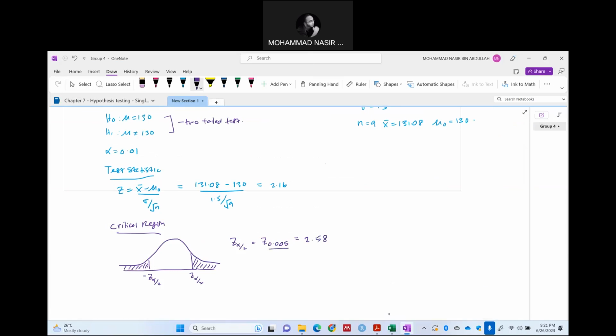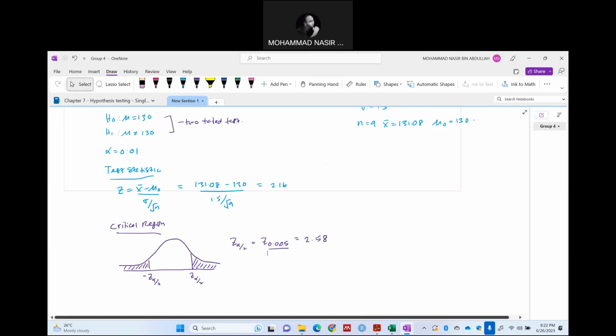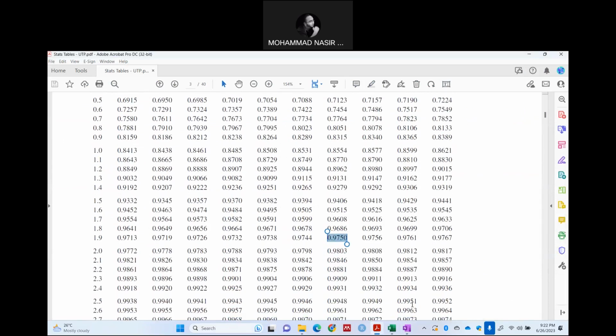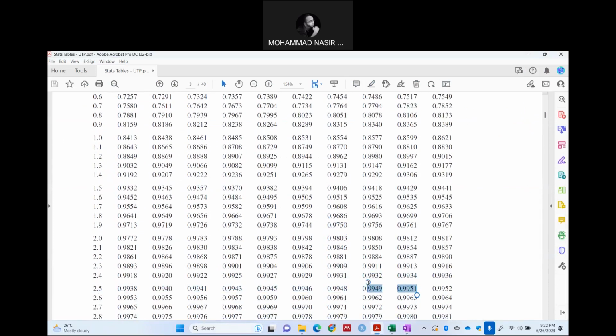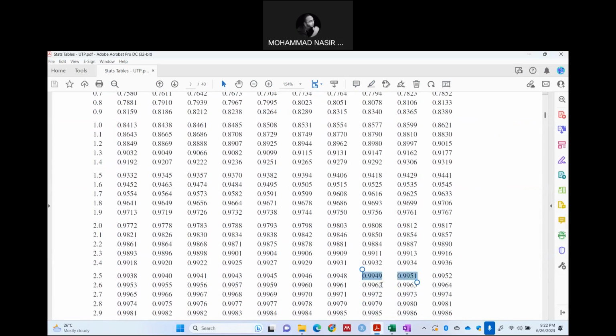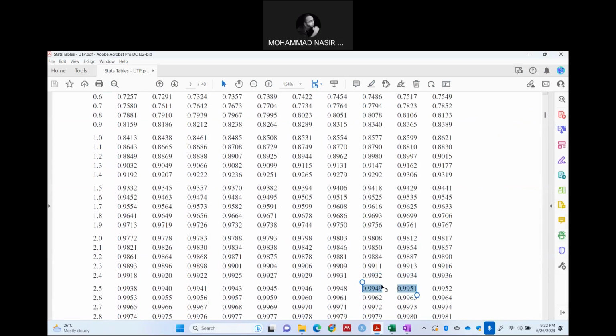So how to detect this one? 1 minus 0.005 should be 0.995. So look at the statistical table. 0.995 should be somewhere here, between 2.57 and 2.58. So 2.57 plus 2.58 divided by 2 should be 2.575.